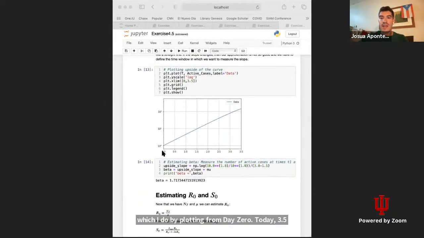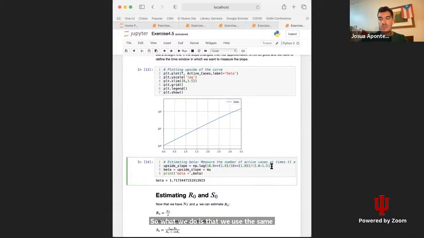And then we can use the same principle to estimate the slope, because the slope is going to be equal to n times gamma minus mu. Okay, there's a typo here. It should say n times gamma, here it should be plus mu. So we use the same principle to calculate the slope in the semilog space.